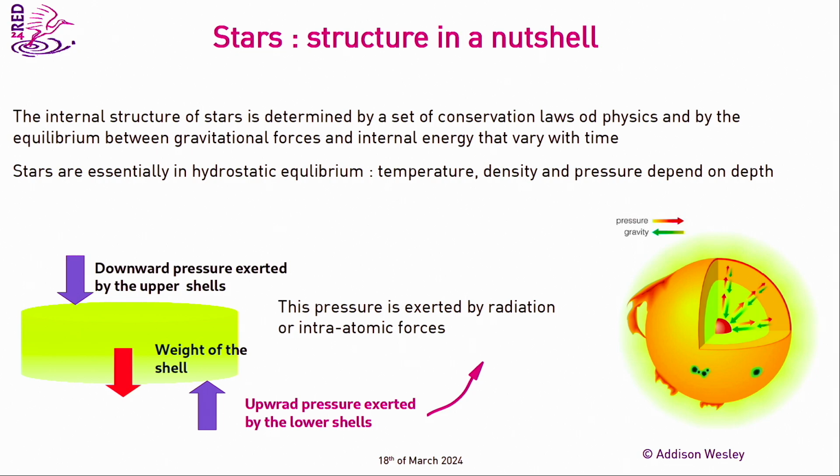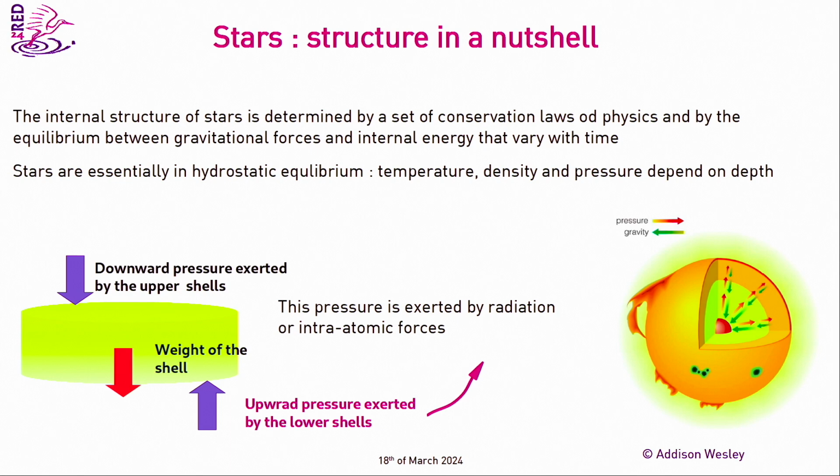In a normal living star, but also in dead stars, as you will see, there's an equilibrium between gravitational forces, which apply everywhere in the universe at all ranges, and an internal energy source that varies with time.